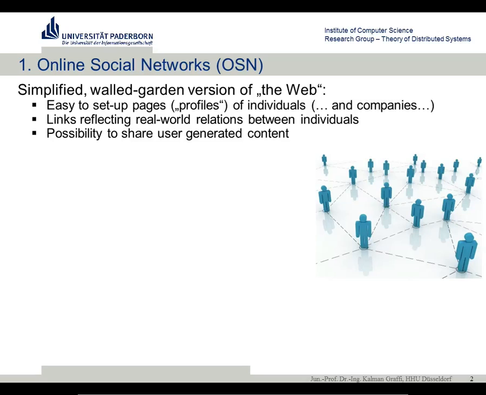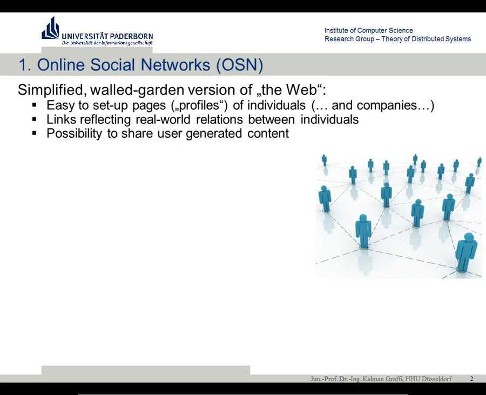First of all, when we look at online social networks, we see that's a very big trend nowadays. People come together on the internet and organize themselves, set up their profiles, create links between each other, communicate with each other, and exchange pictures, messages, status updates.